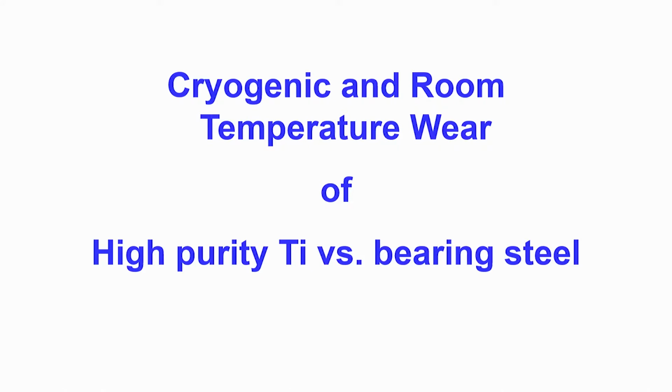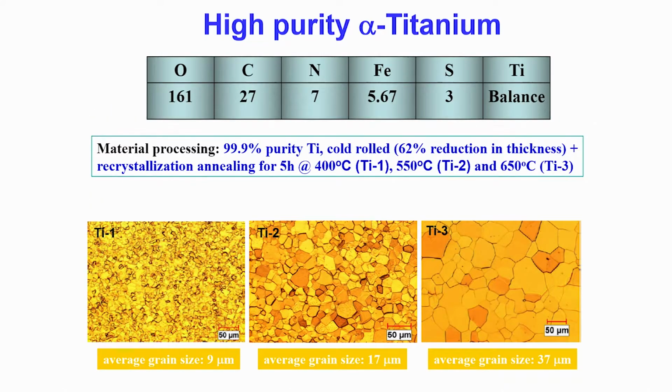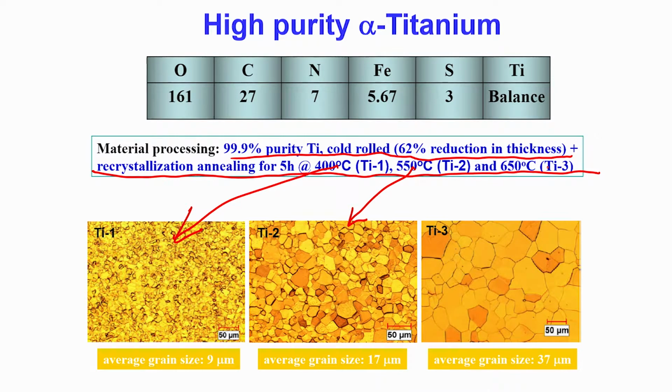By changing the heat treatment conditions, we have prepared 99.9% purity titanium, which is cold rolled to 62% reduction in thickness, and then the same titanium has undergone recrystallization annealing for 5 hours at 400 degrees Celsius, titanium 1, 500 degrees Celsius for 5 hours, titanium 2. So 400 degrees Celsius gives this microstructure, 550 degrees Celsius this microstructure, and 650 degrees Celsius this microstructure.